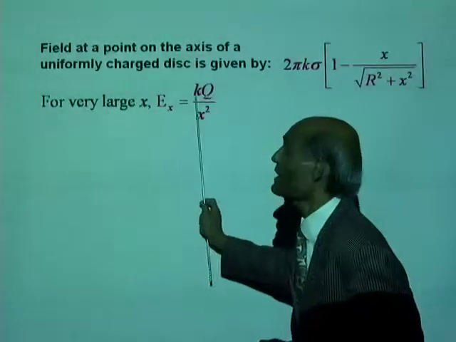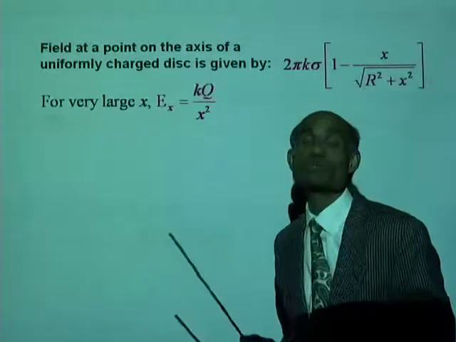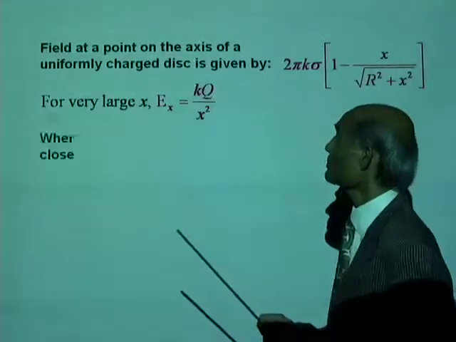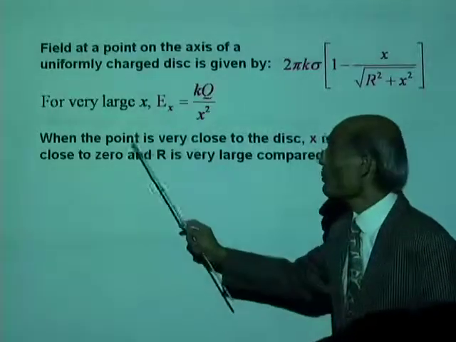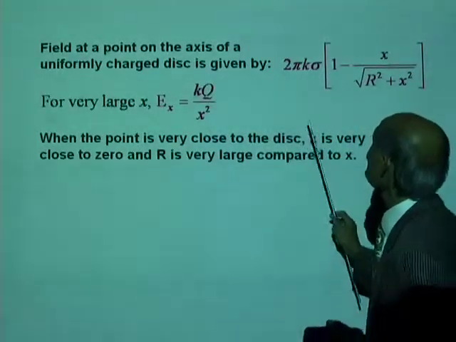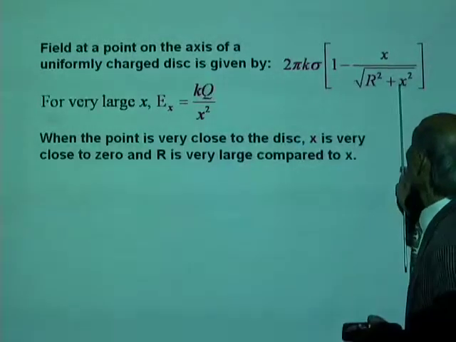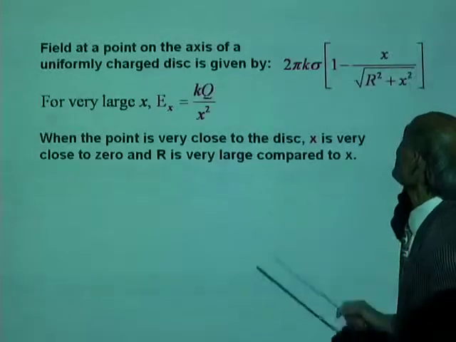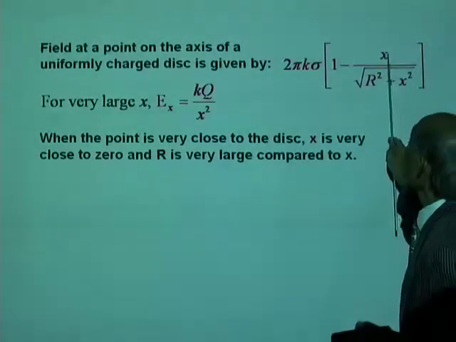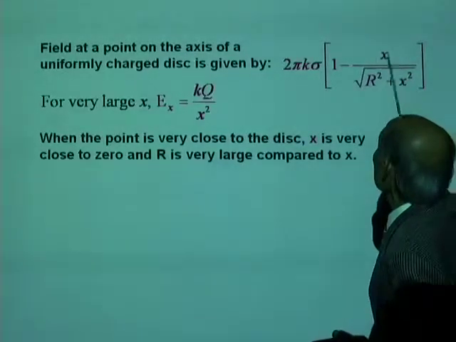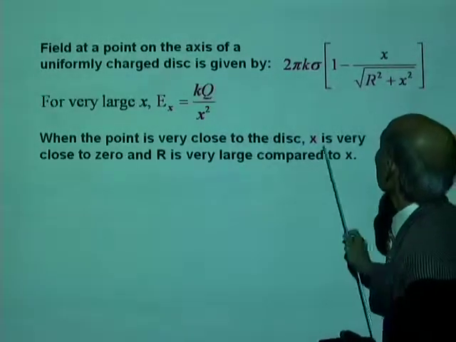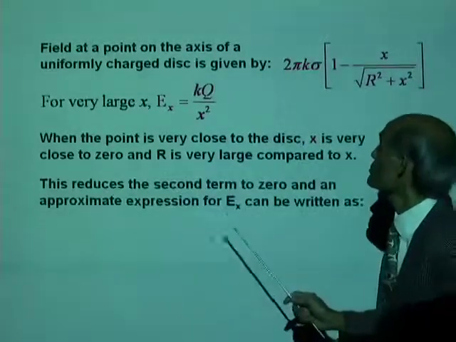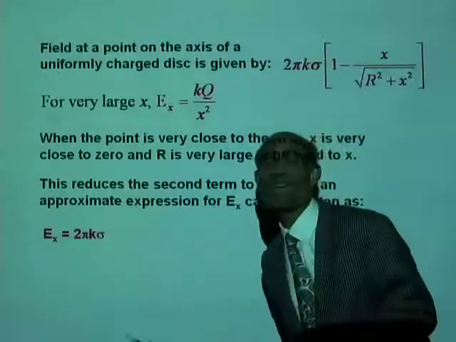For very large x, it will reduce to the usual point charge form kq over x squared. And when the point is very close to the disk, that means x is very small compared to r, then you can neglect x, or this x will be 0. When x is 0, this term will go away. So when x is very small, that expression will reduce to 2 pi k sigma.